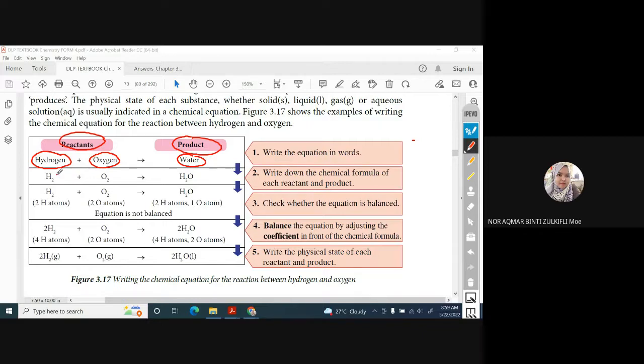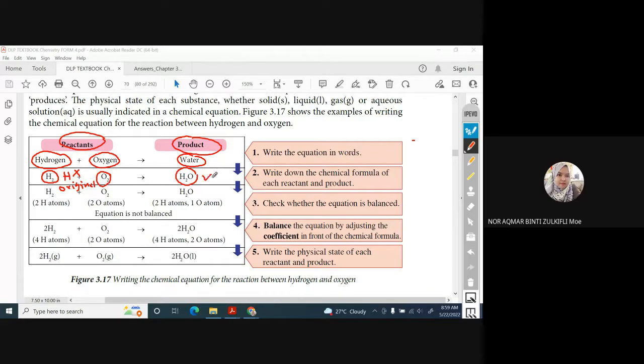So you must memorize, hydrogen is always H2, bukan H. Kalau you type H, ini salah. H ni ialah atom. When hydrogen is always in gas state, you must write the original form of the substance. So hydrogen H2, oxygen O2, and then water.